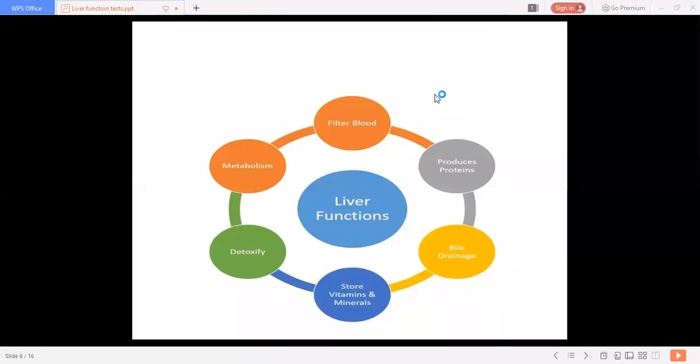Now about the first one, that is albumin. It is an essential protein synthesized by liver, and it acts as a carrier for many molecules such as bilirubin, progesterone, and even medicines. It is also helpful to maintain the osmotic pressure of the blood.